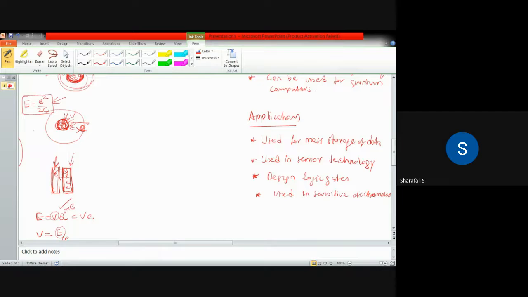There are many other applications also available that you can note down. Already listed here also, you can say this can be used in quantum computers, and also we can use this for microwave detection, and so on. Many applications are there.